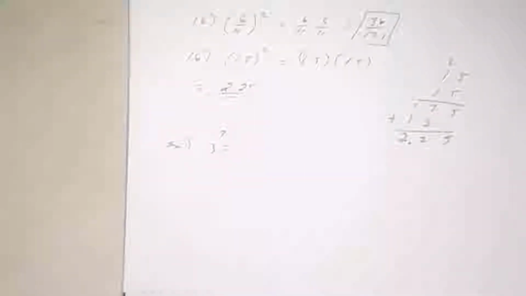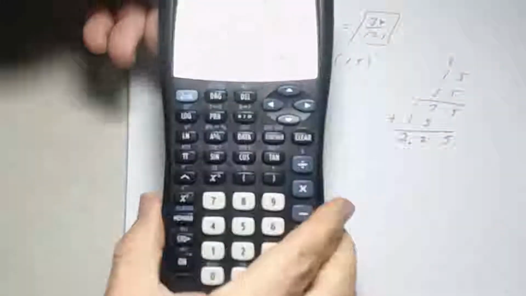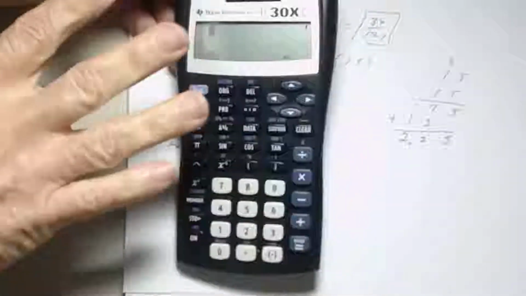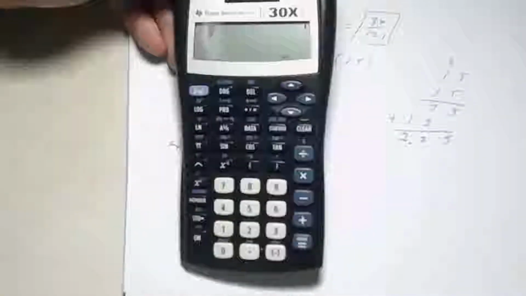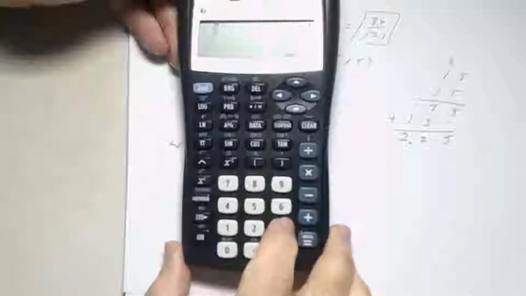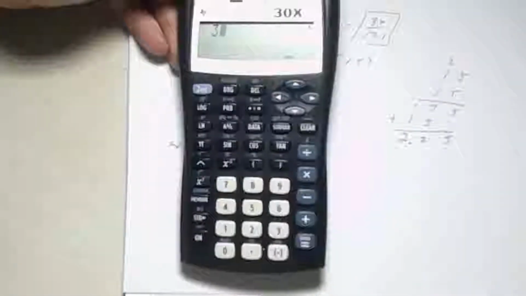So on your calculator, you're going to say, now, let's see if you can read this. So you can put the base in. Now remember, I'm using the one that's recommended for this course. I'm going to put the base in first. And what's the base? 3. So you type in 3, and then you're going to have to raise it to the 7th power.